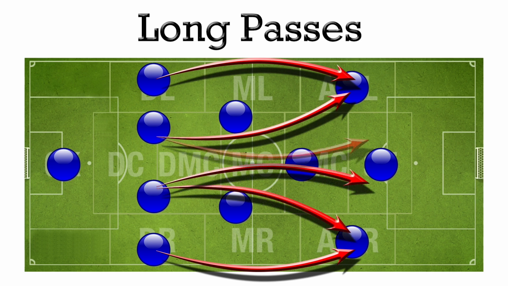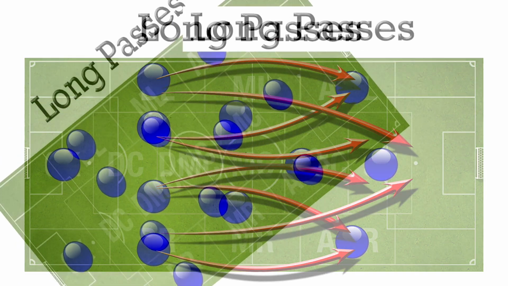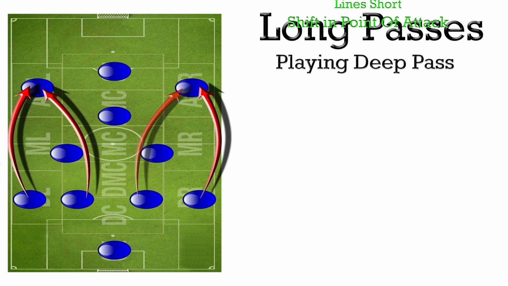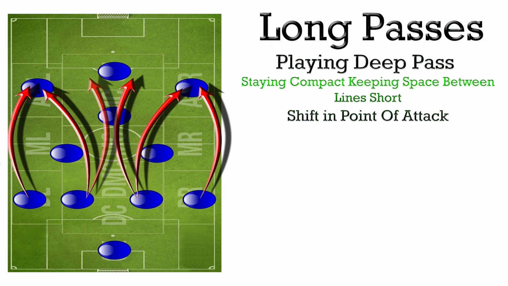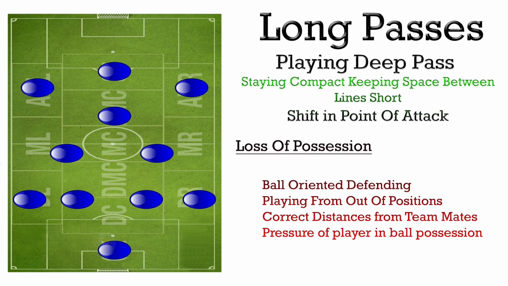So what happens there is the formation becomes compact. When you bypass the lines, the third man determines the manner in which the striker is played. Your AM players decide how the game goes, and there will be a sudden shift in point of attack. So that is what happens in long passes.